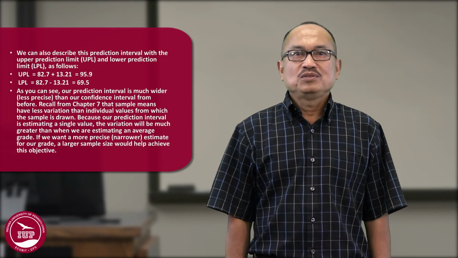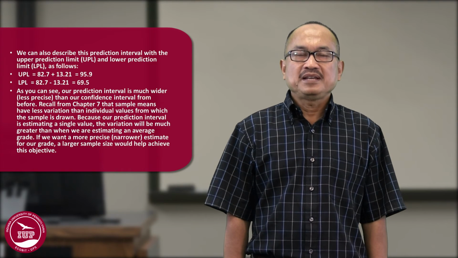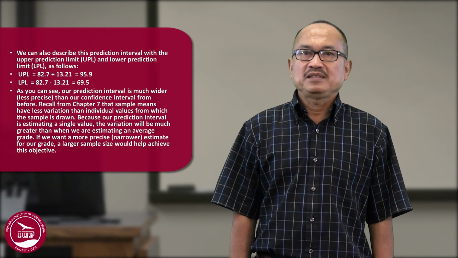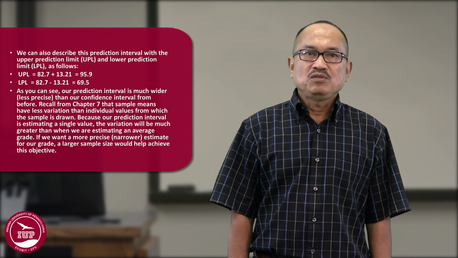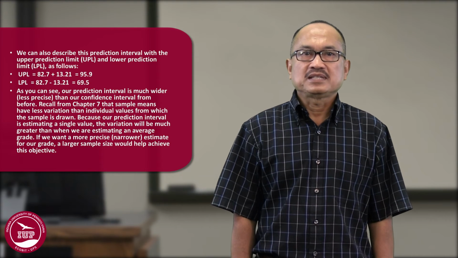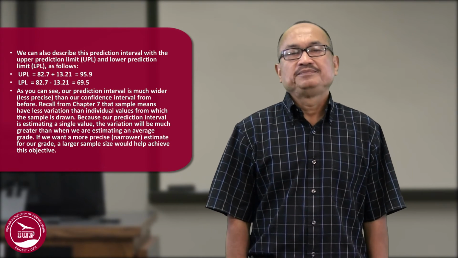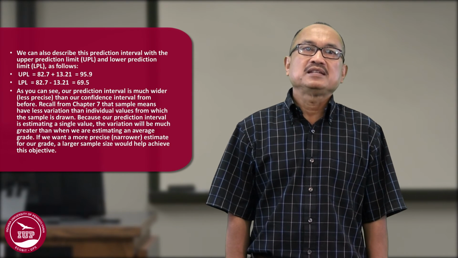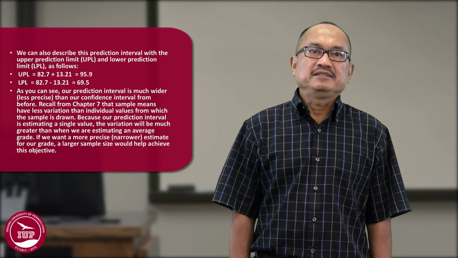We can also describe this prediction interval with the upper prediction limit, or UPL, and lower prediction limit, or LPL, as follows. UPL is equal to 82.7 plus 13.21, equal to 95.9. LPL is equal to 82.7 minus 13.21, equal to 69.5.